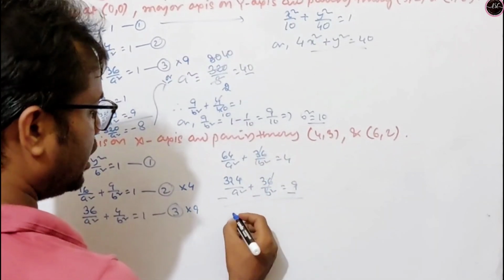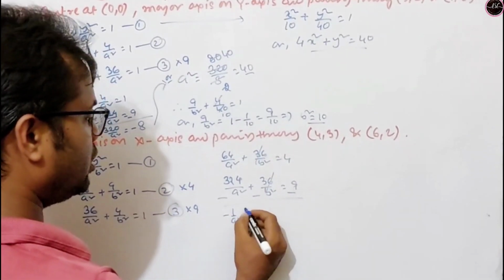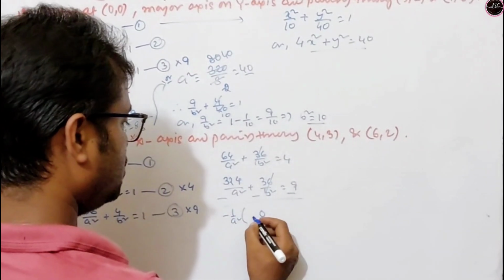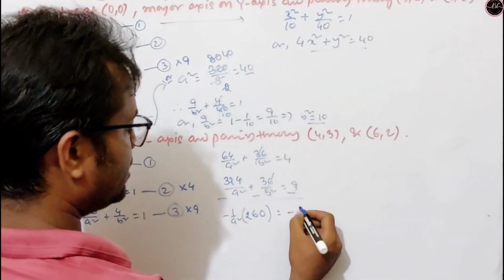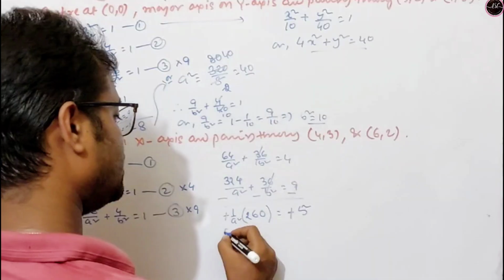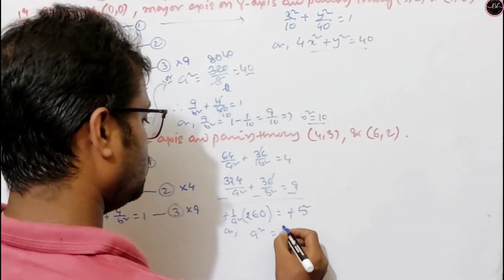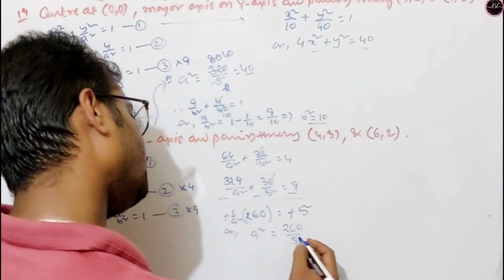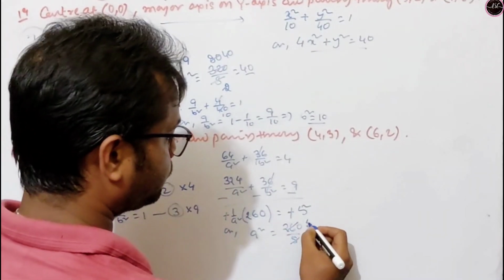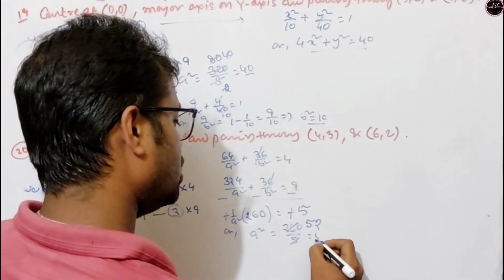This will be cancelled out, and here we have minus 260 by a square equal to minus 5. Okay, minus minus will be cancelled out, or a square equal to 260 divided by 5. Just cancel out. We have a square equal to 52.